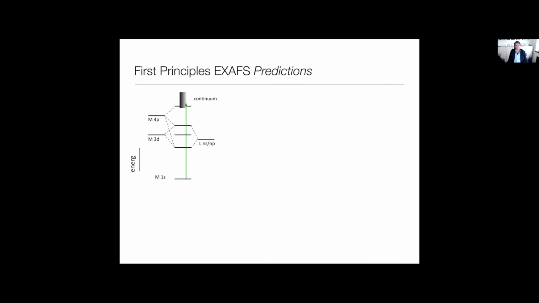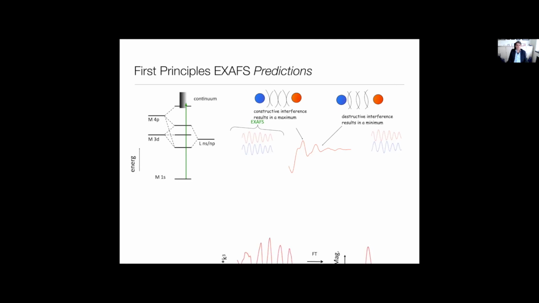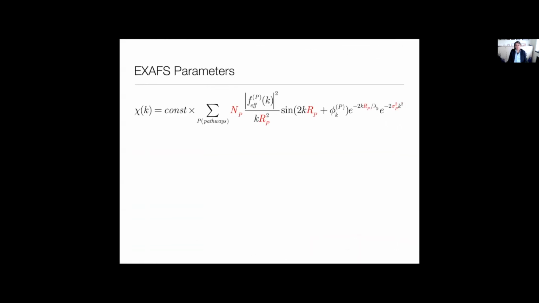We all know EXAFS arises from scattering of the electron after you excite it to the continuum, and then the electrons are scattered on the neighboring atoms, and there is constructive and destructive interference, and that, of course, holds the structural information. And by doing a Fourier transform, you can go into position space and then fit either the position space or the momentum space spectrum, and you get your EXAFS.